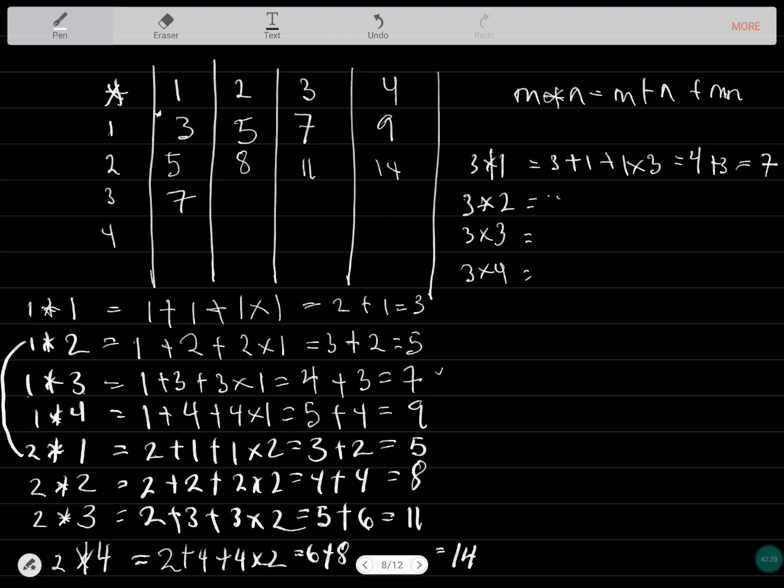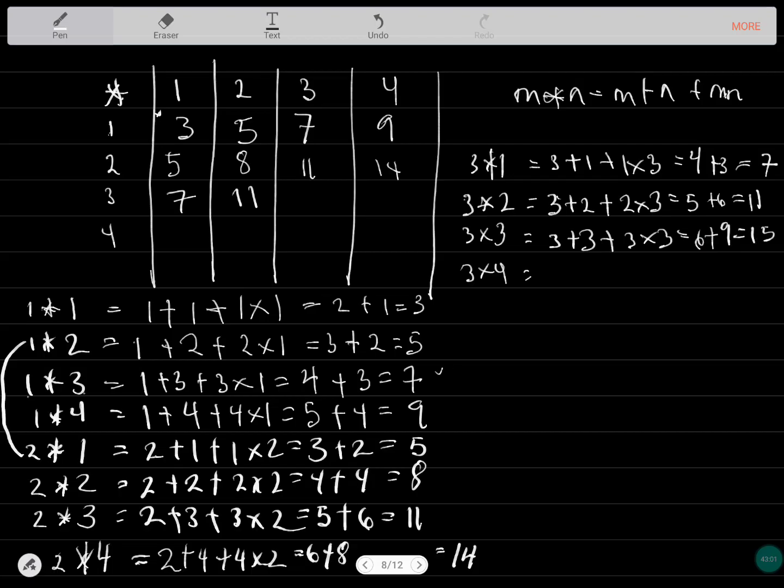Now 3 star 2 would give us 3 plus 2 plus 2 times 3. 3 plus 2 is 5. 2 times 3 is 6. And that would be 11. Now 3 star 3 will give us 3 plus 3 plus 3 times 3. 3 plus 3 is 6. 3 times 3 is 9.